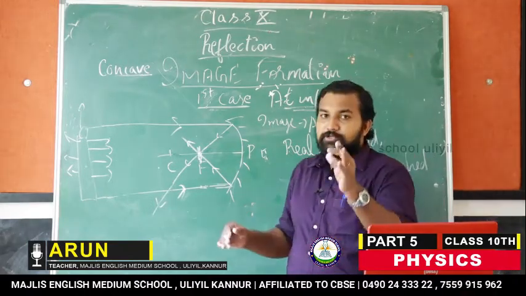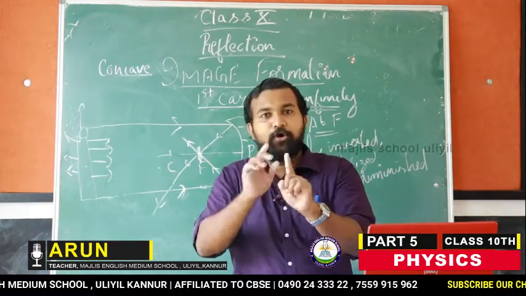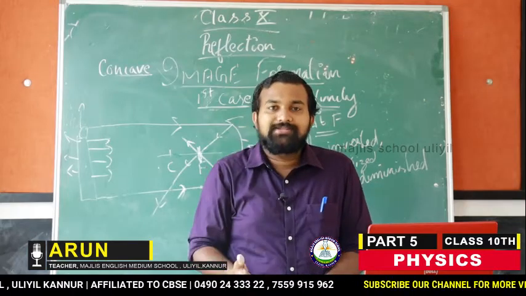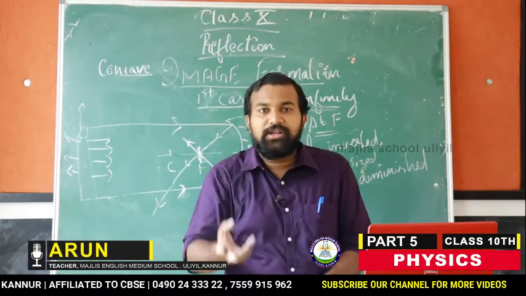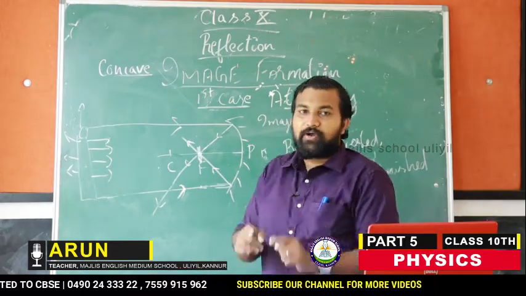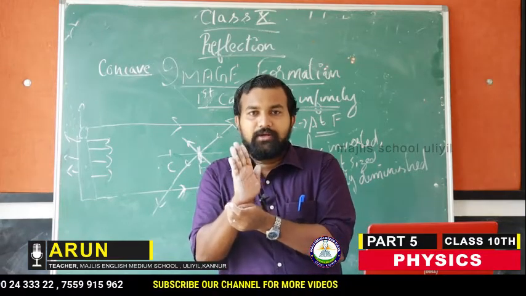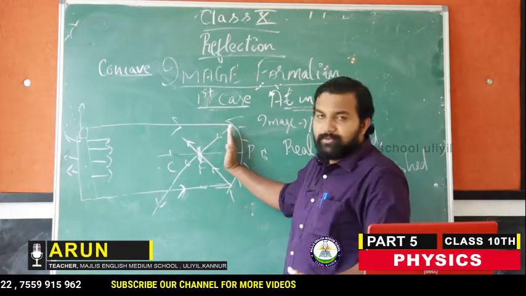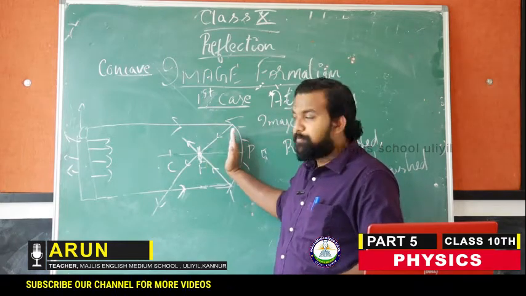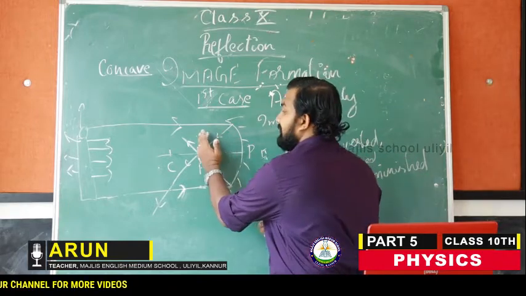And what I was discussing, how to get this image? The intersection will form the image, but we can't see it. In order to visualize the image, we have to take a screen, a small white background cardboard. Keep it near the mirror and adjust the distance from the pole in such a way that you are able to get a clear image.